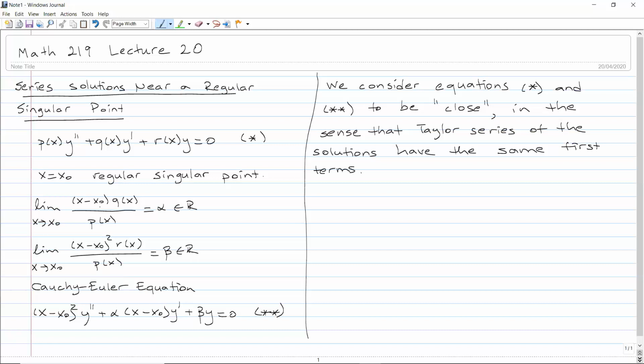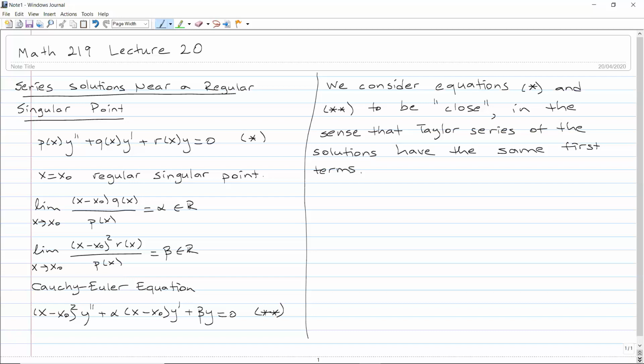When you divide by x minus x0, you have a non-zero first term, which is alpha. Not exactly the function p(x), but the function q(x) over p(x), that's your coefficient function. The same for the other coefficient function, r(x) over p(x).